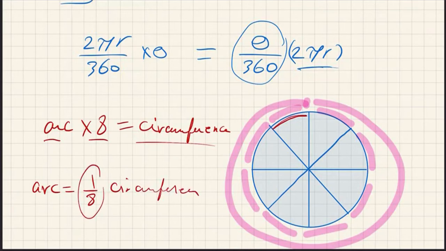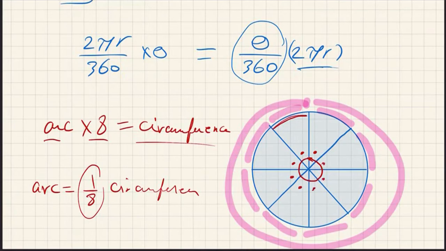You got 1 over 8 because you divided the 360 degrees by 8. This angle equals that angle, and so on. How many angles? 8 angles.